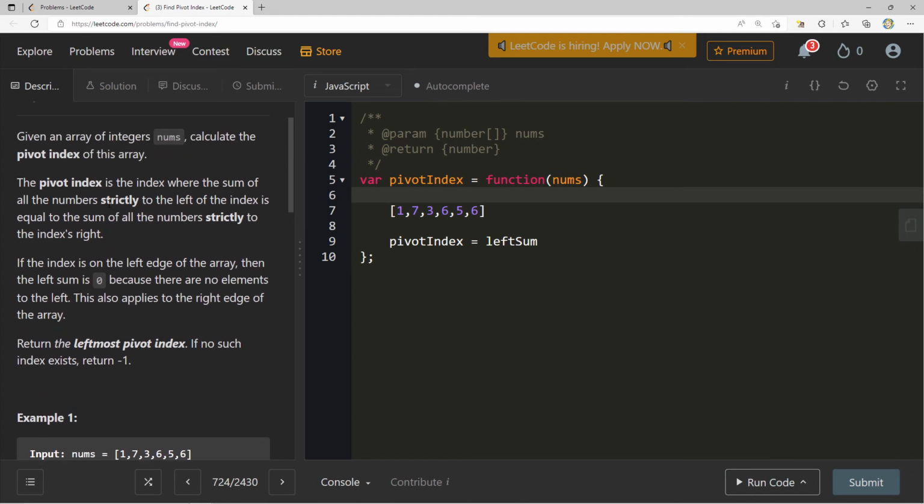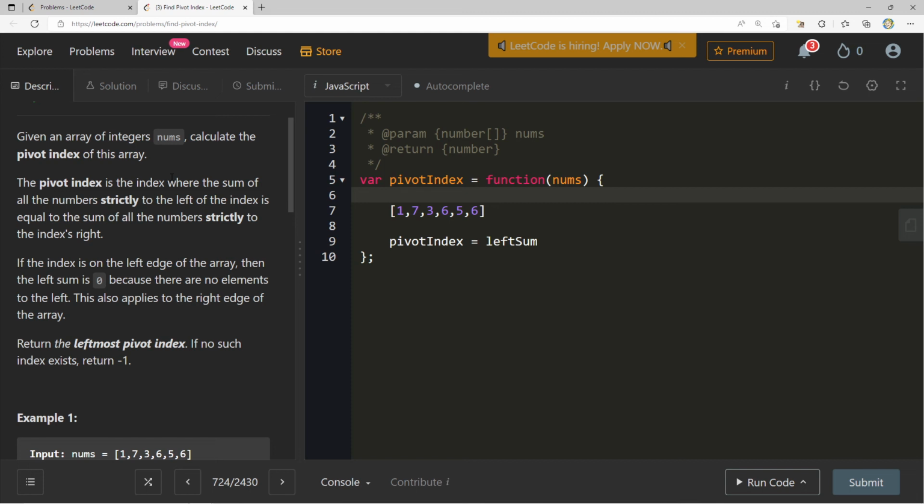The sum of all the numbers strictly to the left of the index is equal to the sum of all the numbers strictly to the index's right. How do I express that? Like in an equation, because it's like left sum plus the right sum.